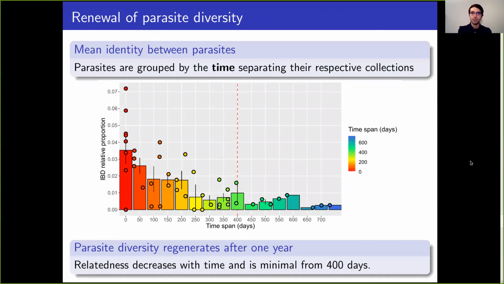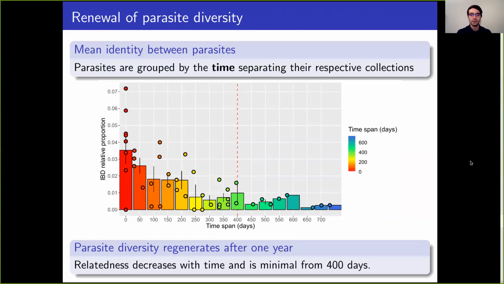The second question was the lifespan of a specific strain. To do so, we compared all possible pairs of time points of our dataset and calculated the average IBD obtained from sequences between all these time points. We ordered the time points by the time separating them, and we obtained the graph I show you on this slide.